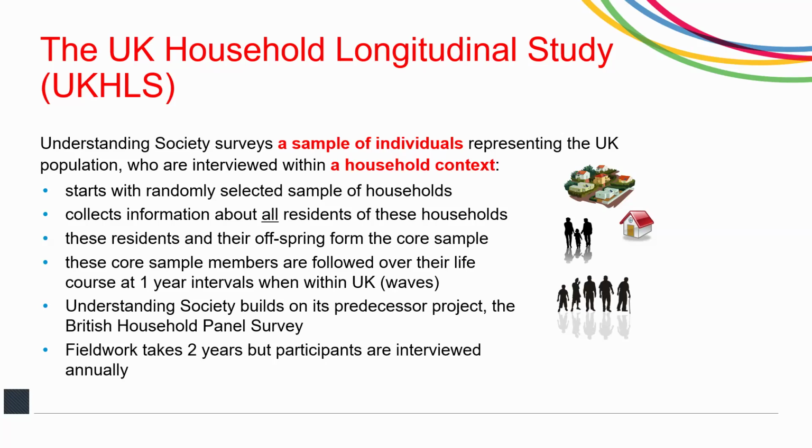These residents and their offspring form a core sample. They're followed over the course of their life at one-year intervals within the UK, which we call the waves. Our study also builds on its predecessor project, which was called the British Household Panel Survey. Fieldwork itself takes two years, but the participants are interviewed annually.